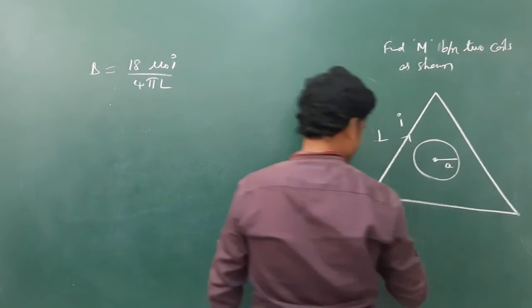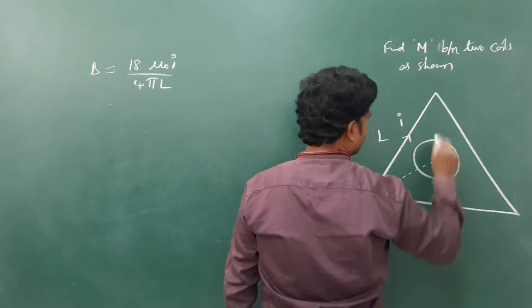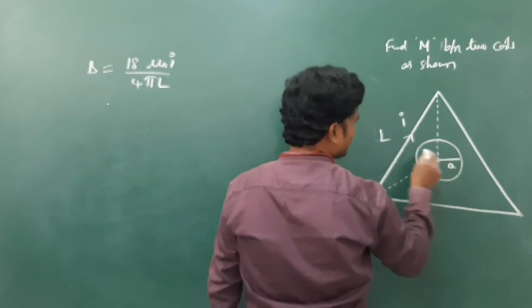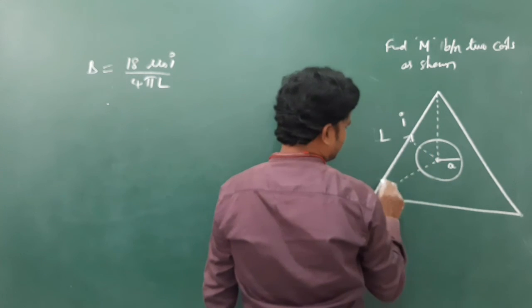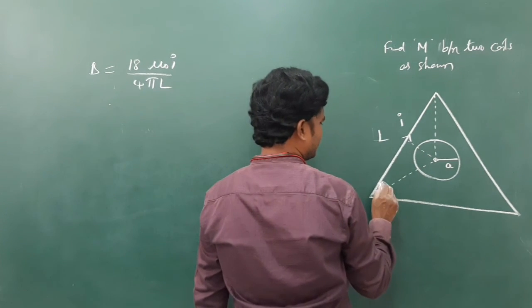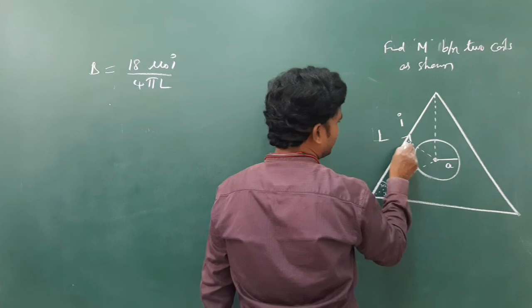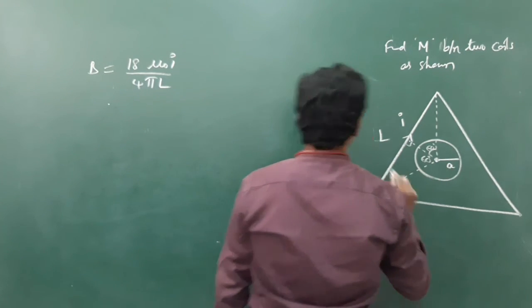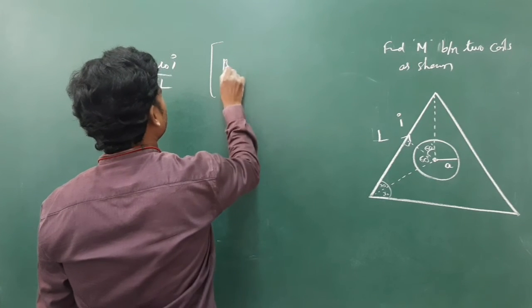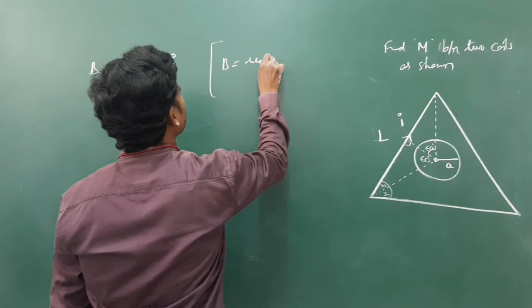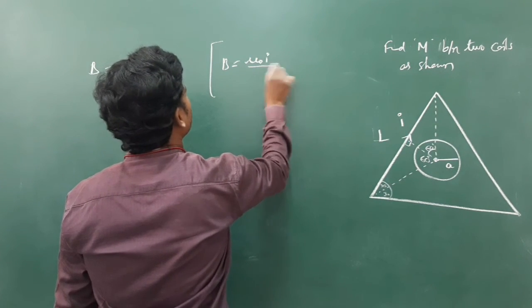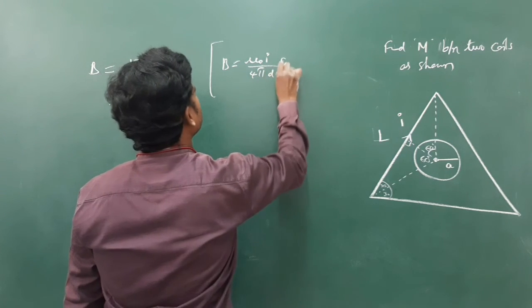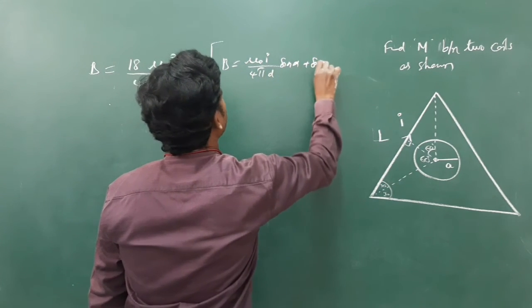here this is 60, 30, 30, 90. So here alpha and beta will be 60. So the main formula B is equal to mu naught I by 4 pi D, sin alpha plus sin beta.